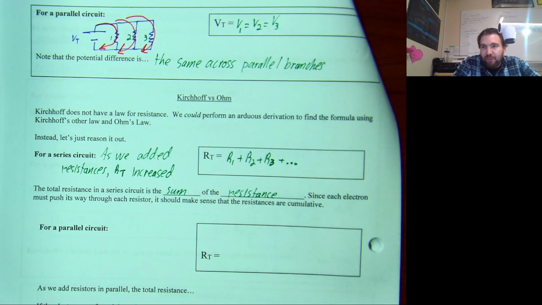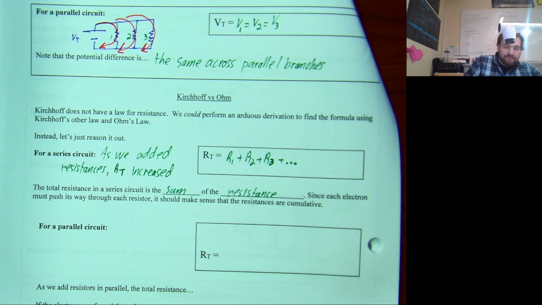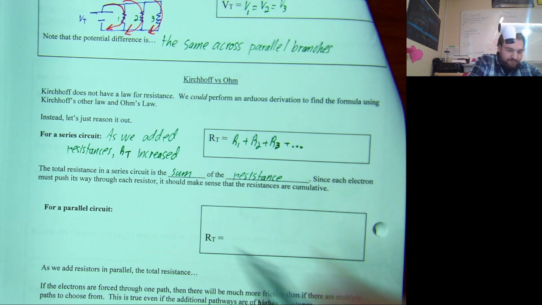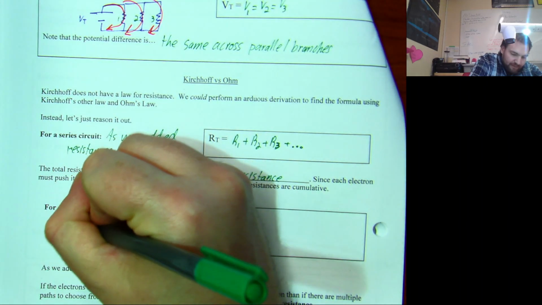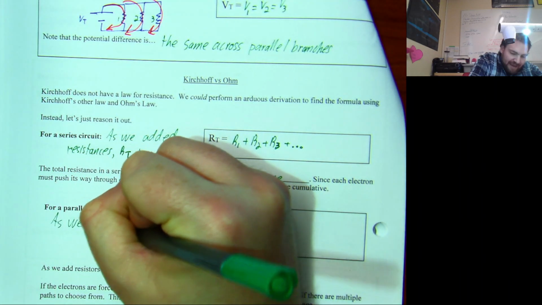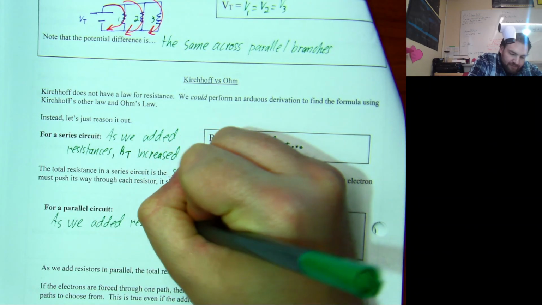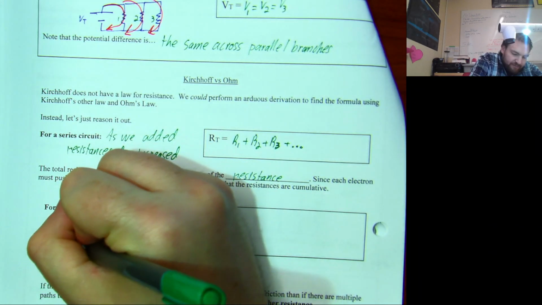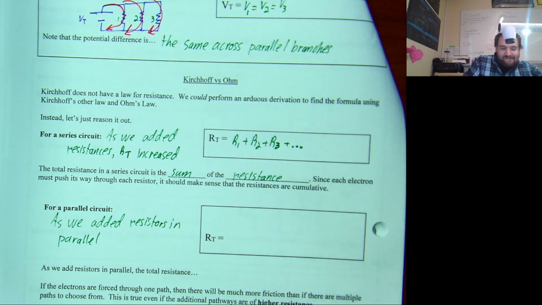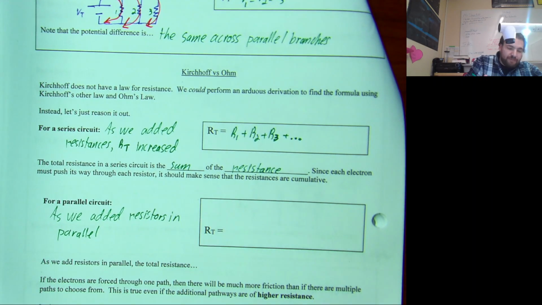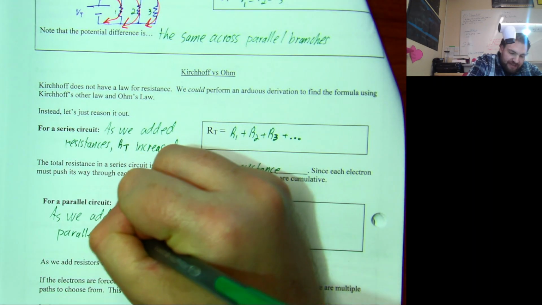Parallel is where things got weird. As we added resistors in parallel, RT did what?